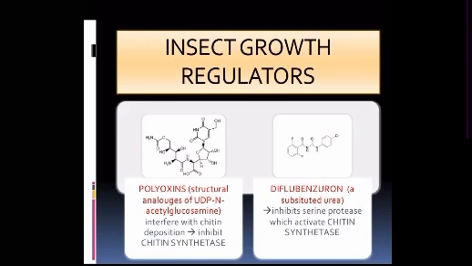Then we have diflubenzuron, which is a substituted urea and inhibits serine protease, which would activate chitin synthetase and thus prevents the polymerization of chitin.